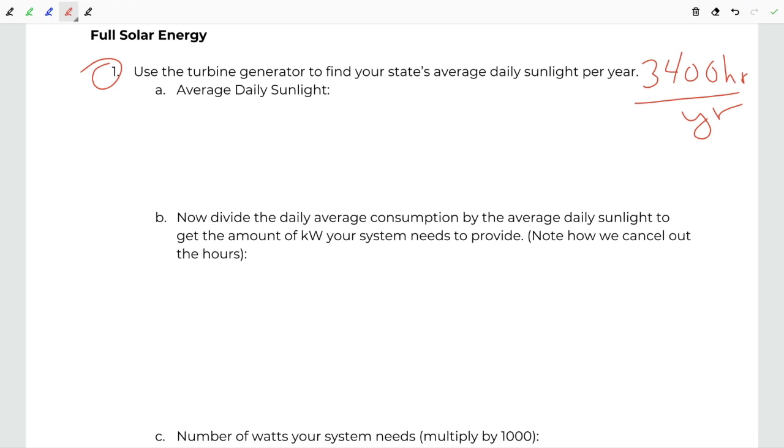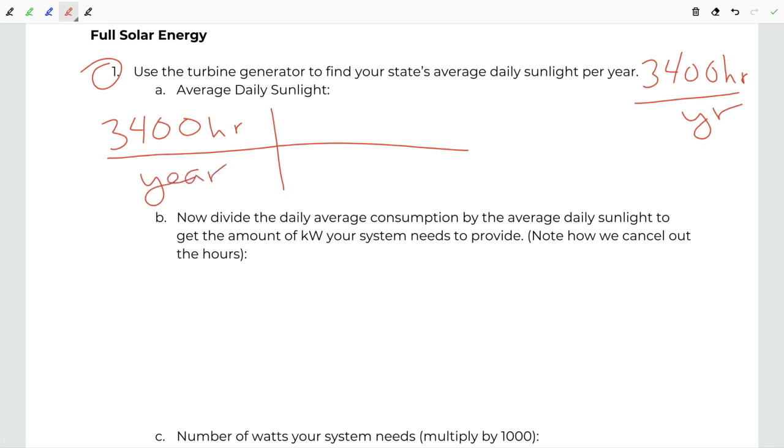So to find the average daily sunlight, we're going to want to set up our railroad tracks. We get 3,400 hours per year. And then we want, again, to figure out what this is in hours per day.